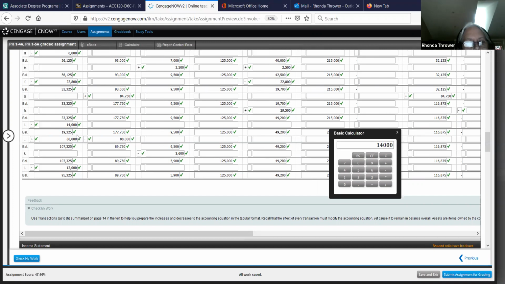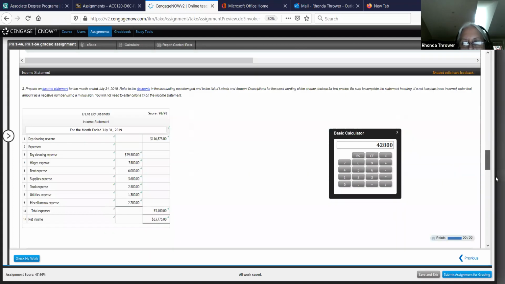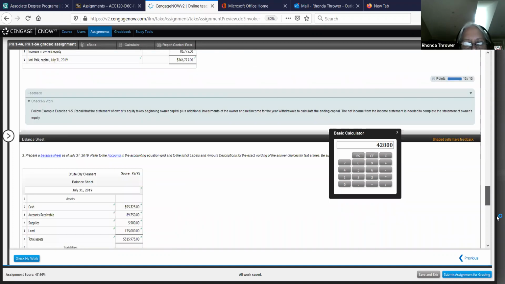And then I have one more decrease to cash, which was for the owner's withdrawals. And that is not going to go into this category. So I'm going to total up everything that I've got so far as a decrease to my cash for the payment of my expenses and to the creditors.